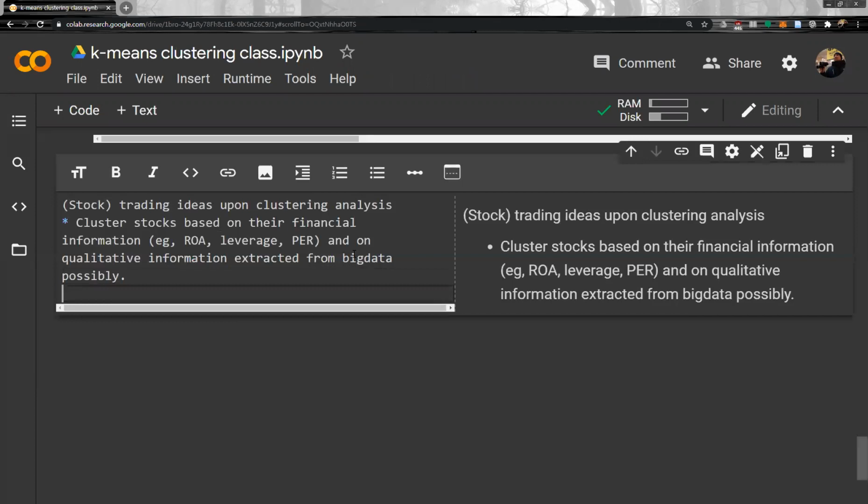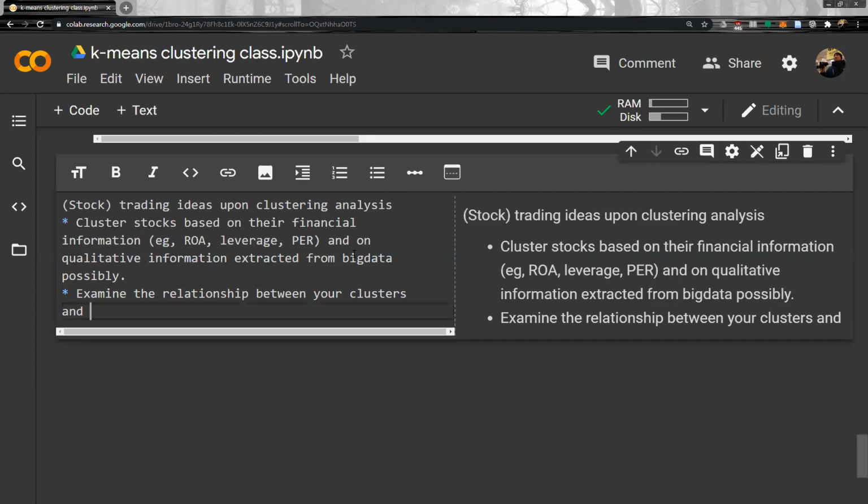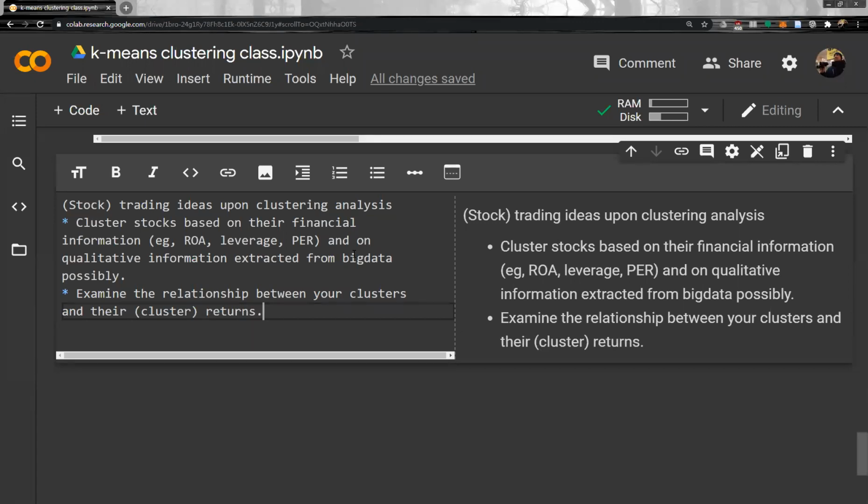Second, what we can do is examine the relationship between your clusters and their returns. Well, you want to make money. So it is the cluster returns, the return of the clusters.